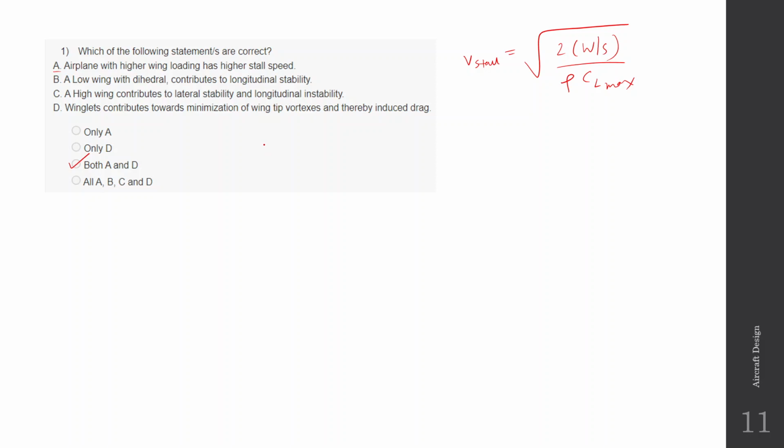So this option is incorrect because low wing with dihedral means this kind of a configuration.